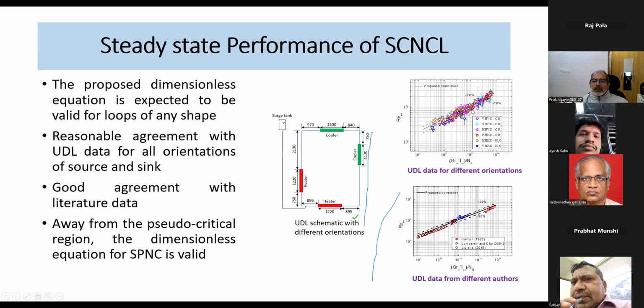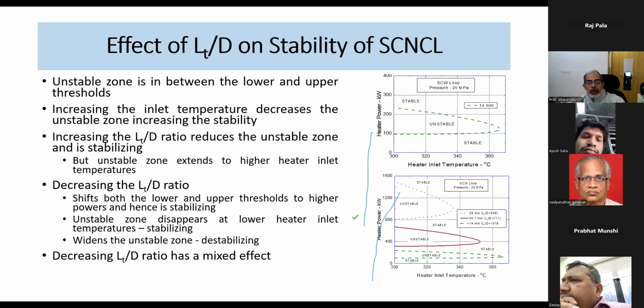In both cases, you get within plus minus 20%, especially for the one in the pseudocritical region. Away from the pseudocritical region, you can use the single phase. So you are getting a much better agreement with the literature data. And we have done this loop with both carbon dioxide and water.